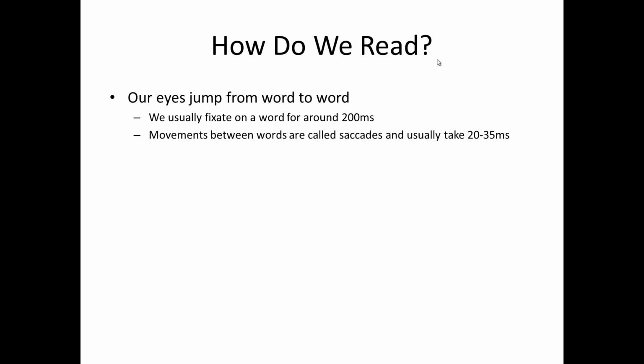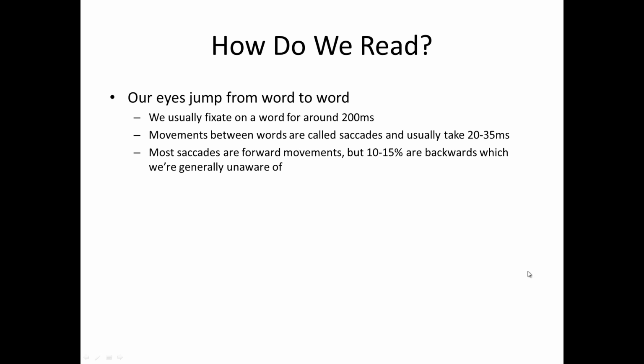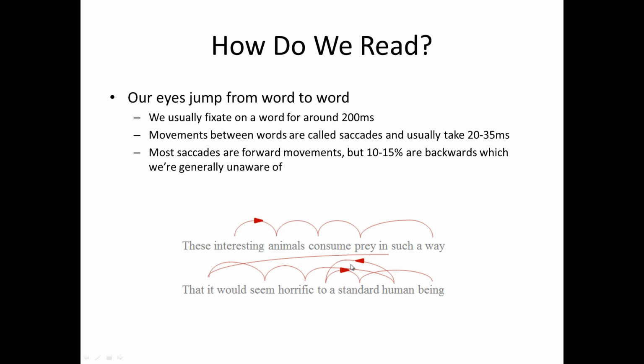I'm not sure if I said that word right. If I didn't, please let me know, because I'd love to know how to say it. Most saccades are forward movements, but 10 to 15% are backwards, which we're unaware of.